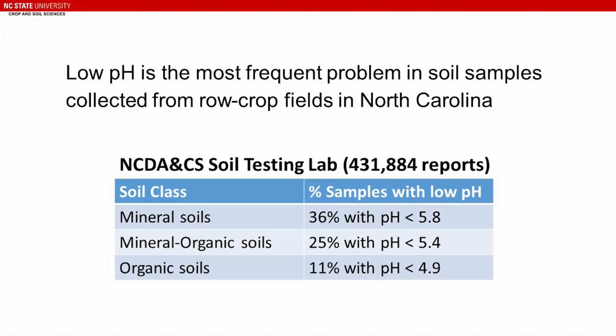But by far, the worst problem that we have in North Carolina is pH. Low pH is the most common problem in our soil test reports. 36% of our mineral soils require lime, okay? And it's based on more than 500,000 samples.